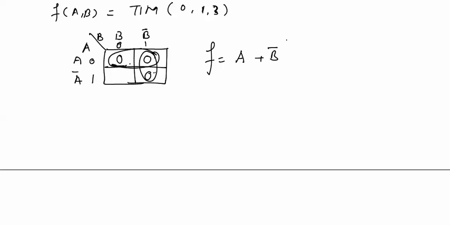The expression will be A plus B bar. Sorry, there will be an AND operator in between them. This will be one term, this will be one term. In between them, there will be an AND operator.